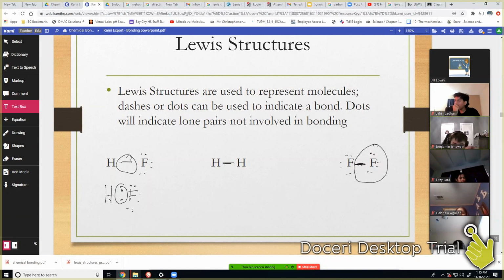So by having these 2 that it shares, that's where it gets its octet, because that's 2, 4, 6, 8. One comes from one fluorine, one comes from the other.